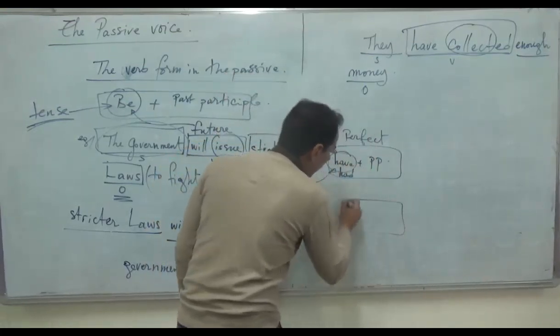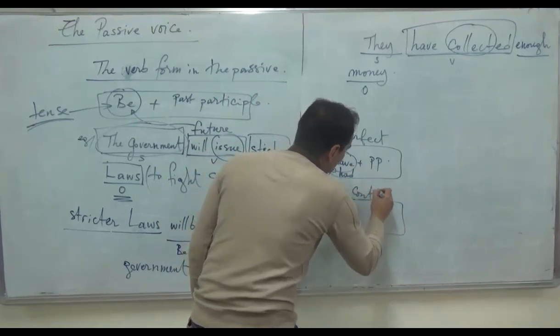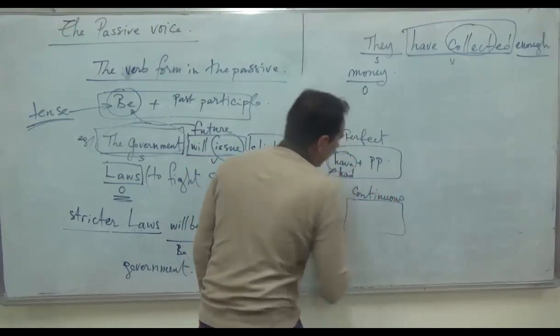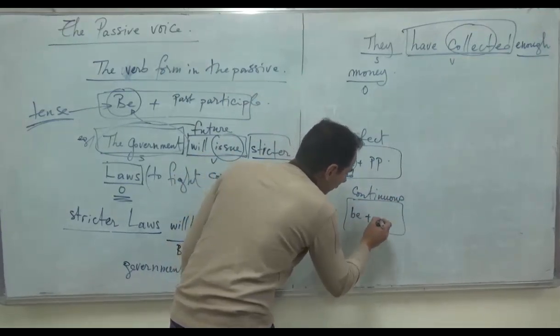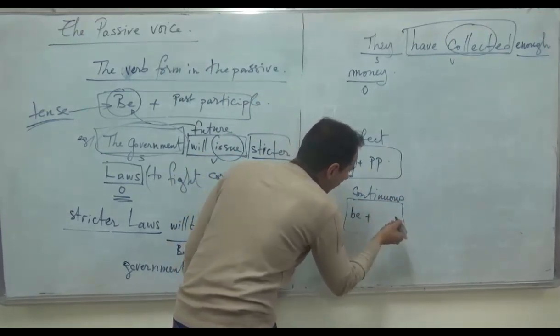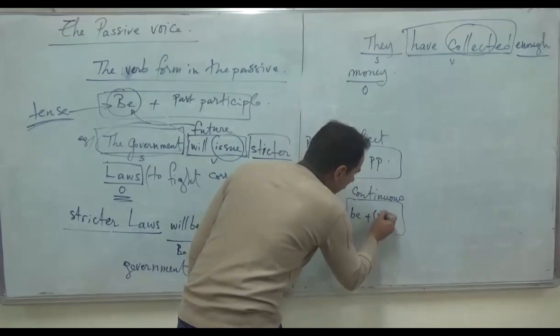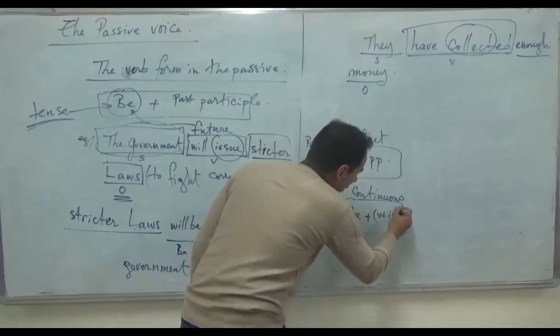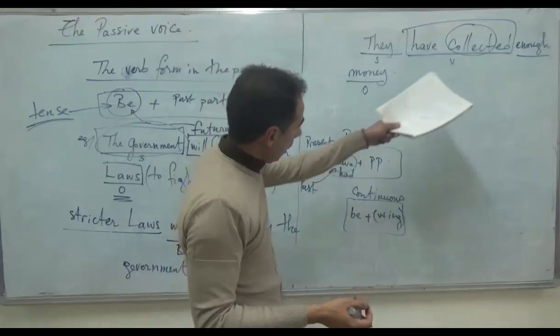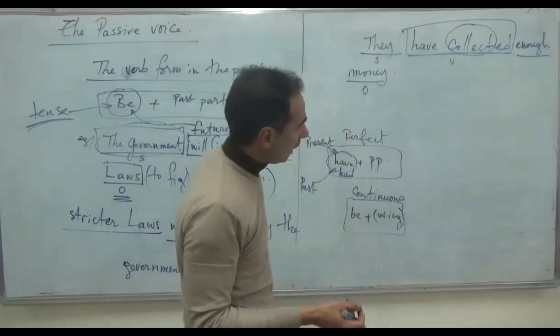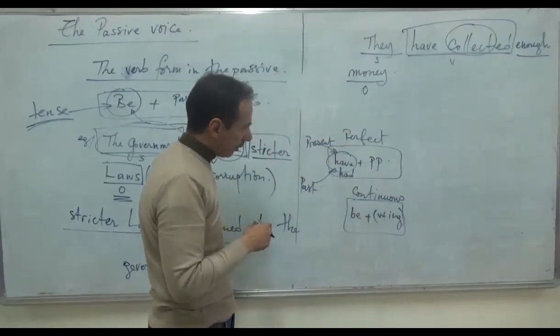Continuous is the same thing. In continuous we have be plus present participle. The present participle is verb plus ing. The verb plus ing is called the present participle, and verb plus ed is called the past participle.